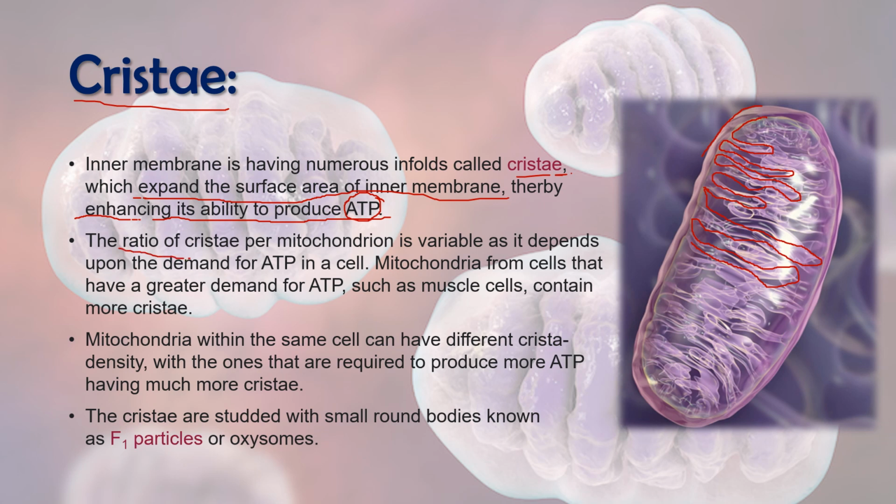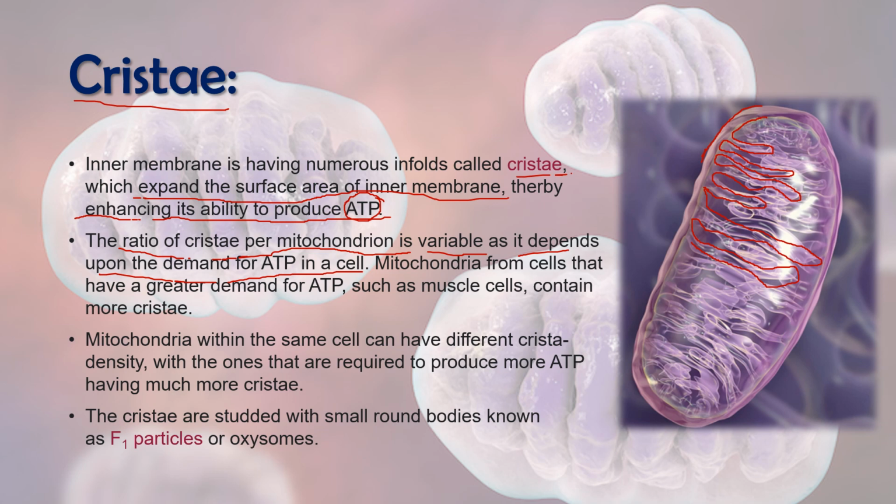The ratio of cristae per mitochondrion is variable, as it depends upon the demand for ATP in a cell. So it is not a certain number of cristae that are present in the inner membrane. The number of cristae per mitochondrion varies, and basically it depends upon the demand for ATP in a cell.